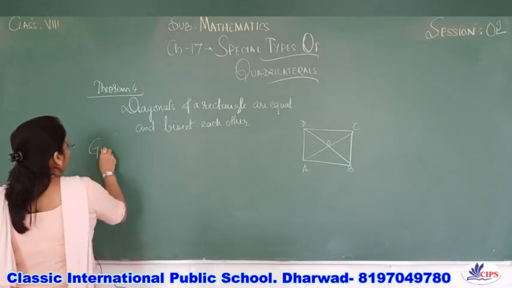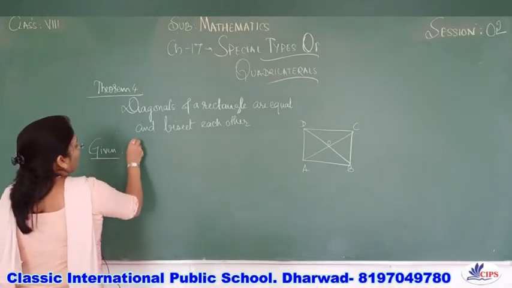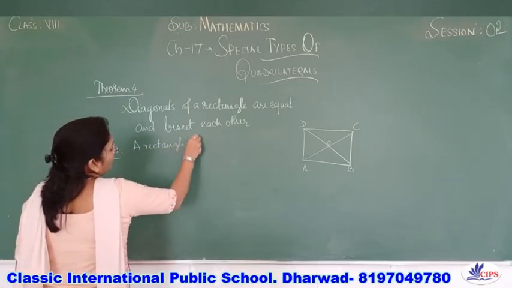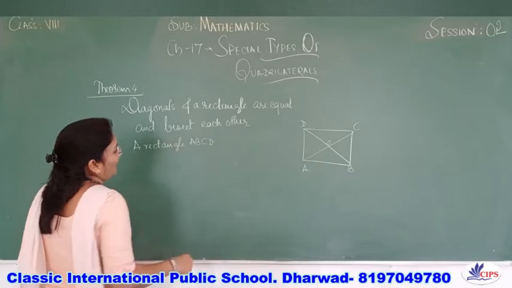So given is a rectangle ABCD. They have given a rectangle ABCD and what all they have given?